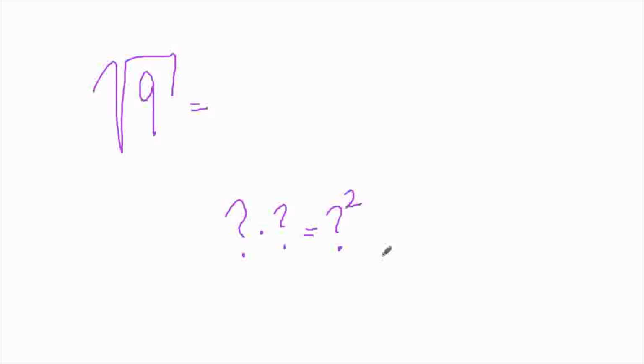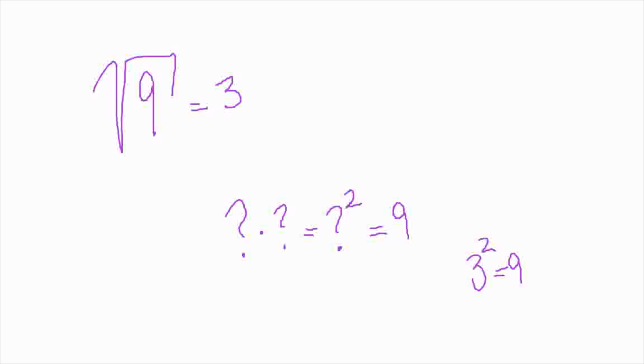So what number do I square so that the answer is 9? Hopefully you know that 3 squared is 9. So the square root of 9 is 3, because 3 squared is 9. You can think of this as going backward, doing the opposite of squaring. It's like unsquaring a number. So that's what a root is.